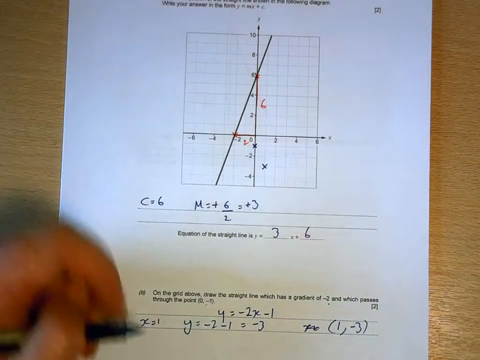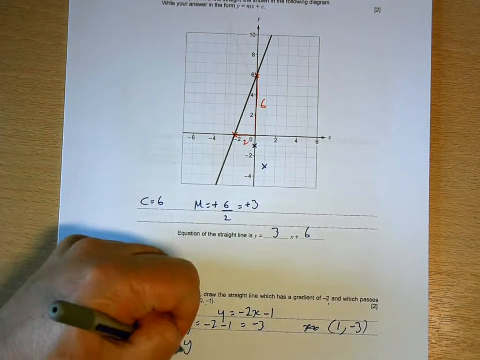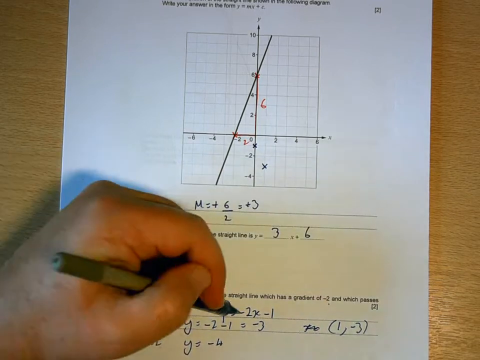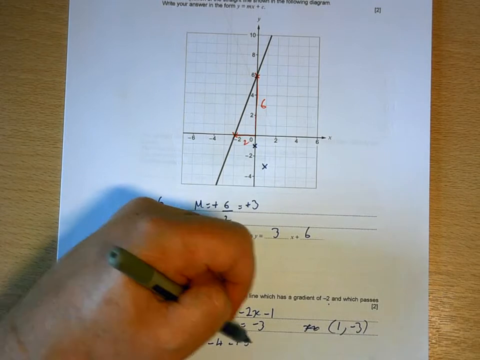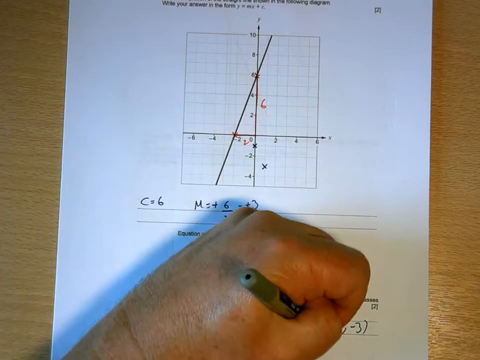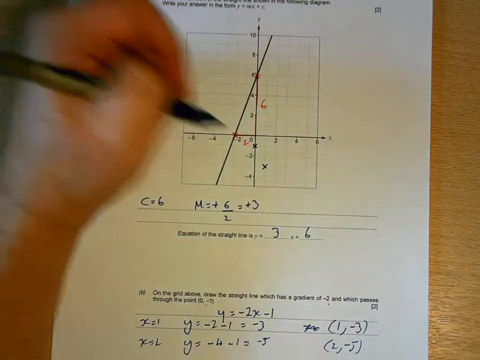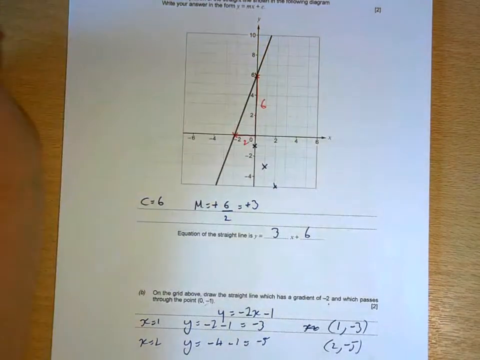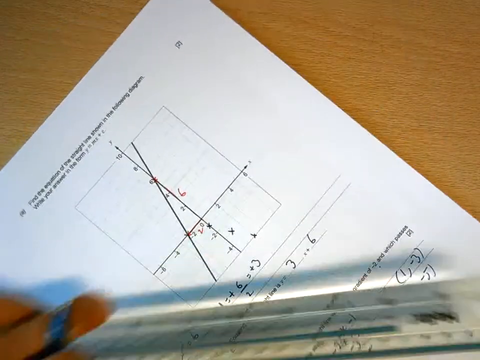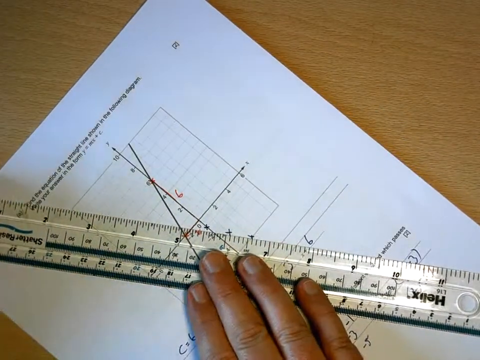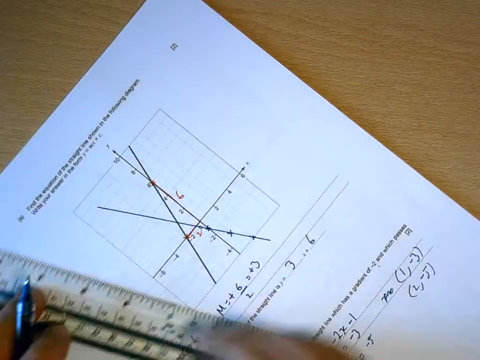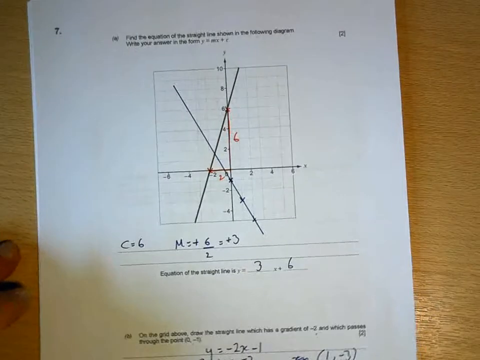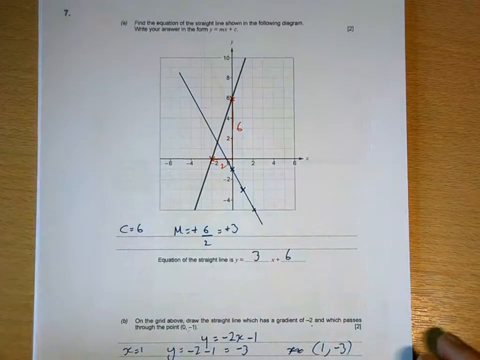So if I put 2 in there, y will be -2 times 2 is -4. Take off another 1, -5. 2, -5. They lay in a straight line, so I'm happy that I haven't made a mistake. There's the line.